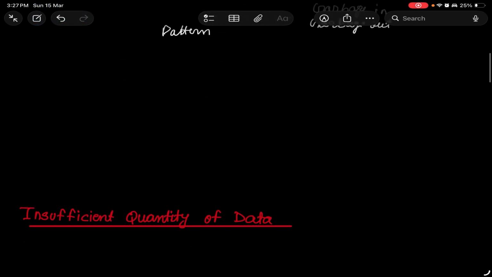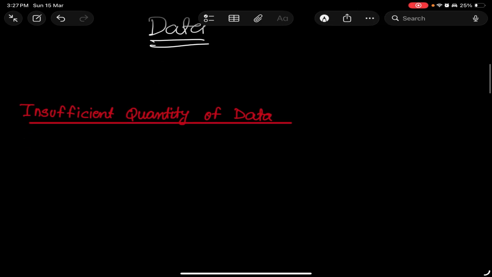Number one is insufficient quantity of data. If we have insufficient quantity of data, then the model will never make it.